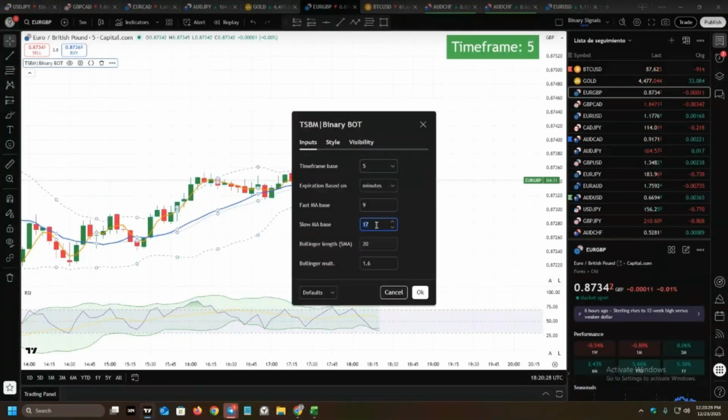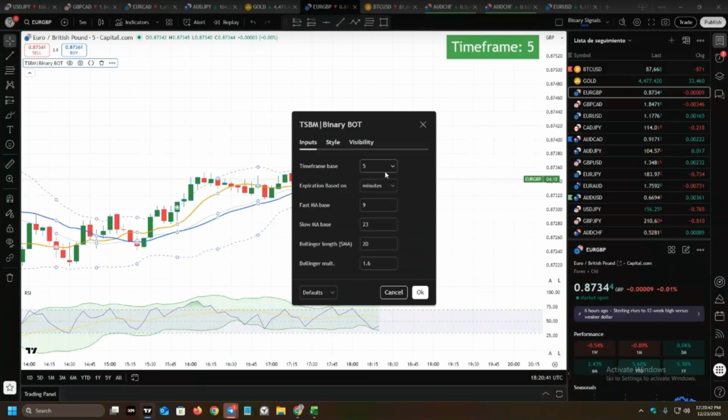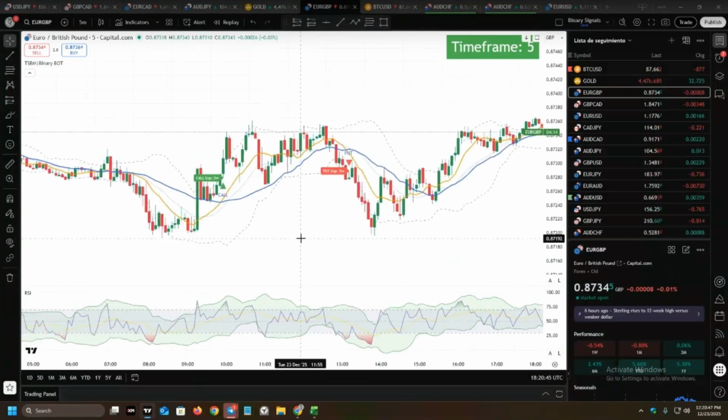Okay. So the baseline is 5 minutes. All right, if we start checking, we see that there are some good entry points. This one is the only risky one that I see here. But if you analyze, you see that the RSI was not consolidated.